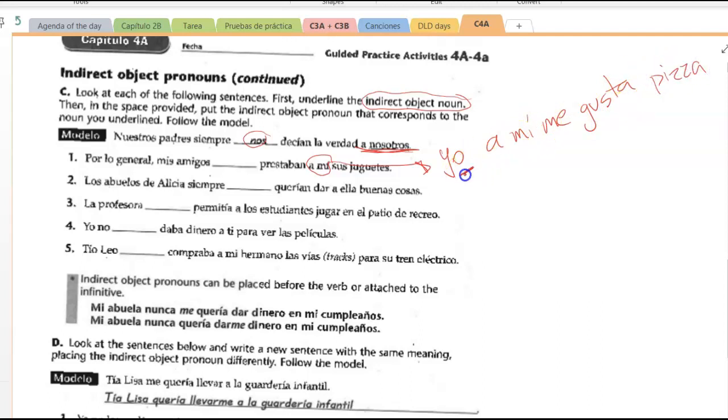So when you use the yo for indirect object pronouns, you can't say a yo, you have to say a mí. So that's why we have a mí here. What's the pronoun? It's going to be me. Por lo general, mis amigos me prestaban a mí sus juguetes. Now you might say, why do you have a me and also the pronoun? Because sometimes you want this for emphasis in Spanish. In English, you don't do it double. In Spanish, you can, and it is the emphasis.